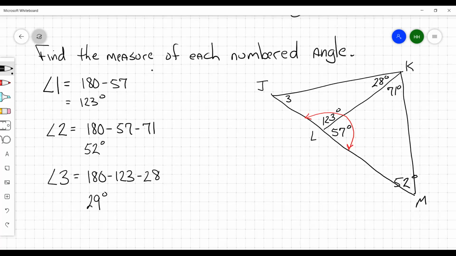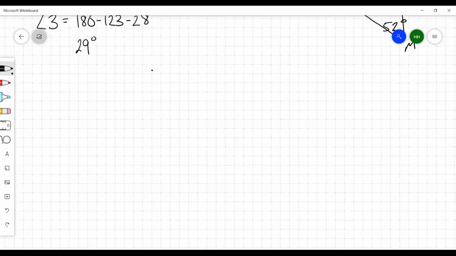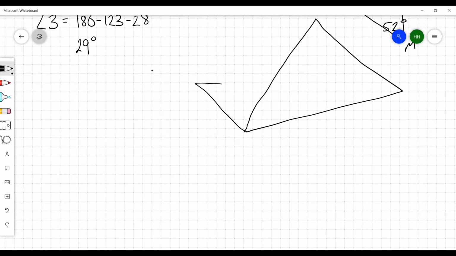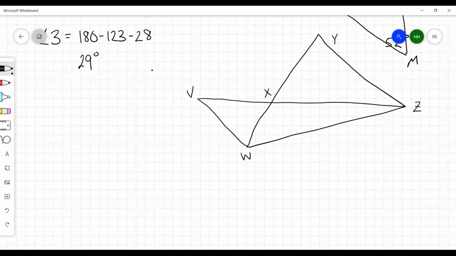Okay. So let's look at this kind of bow tie-ish problem. Same directions here, but we got this diagram going on. Here's the data that's going to go into this diagram. We've got angle 4, which is angle V up here.